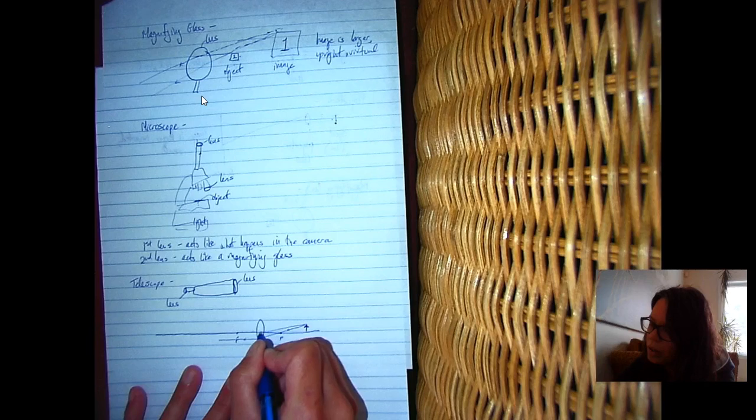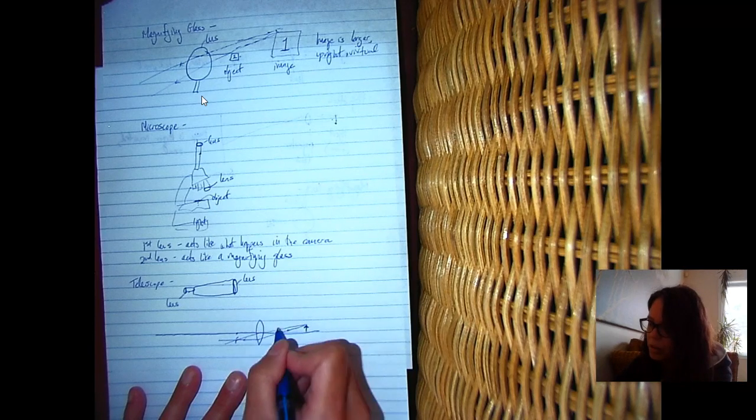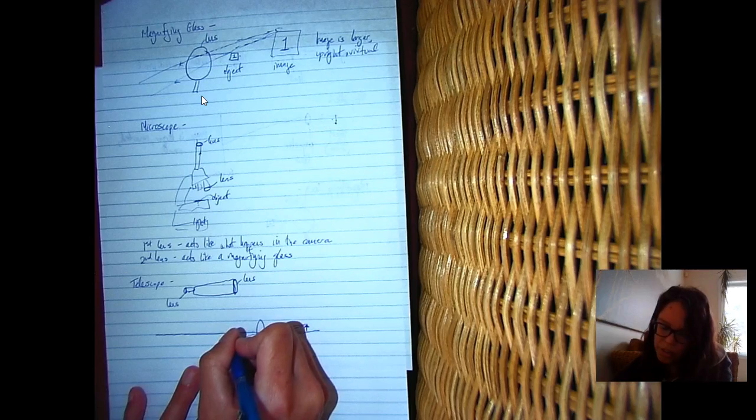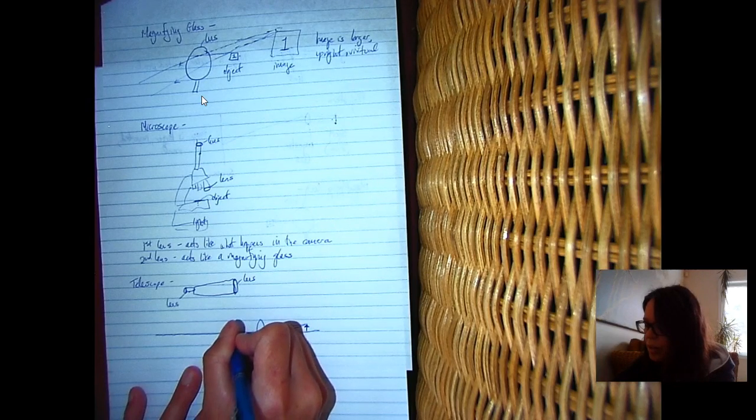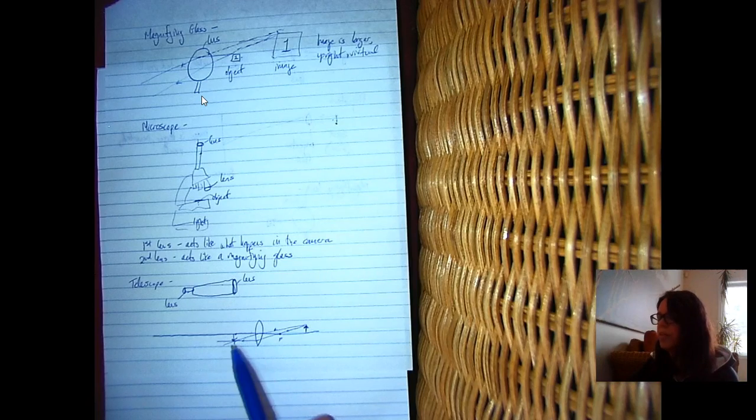So I'm going to bring that, and it goes like that. So my image has shown up right here, and I can see that it doesn't look too different in size right now from the one I've done, but it's inverted, upside down.